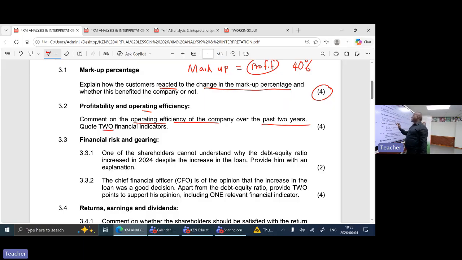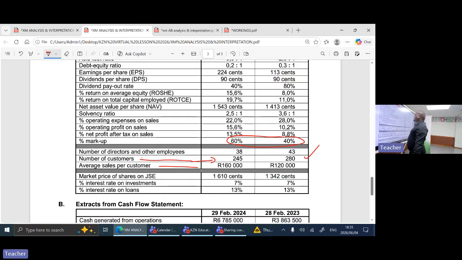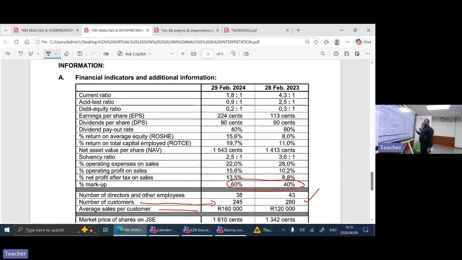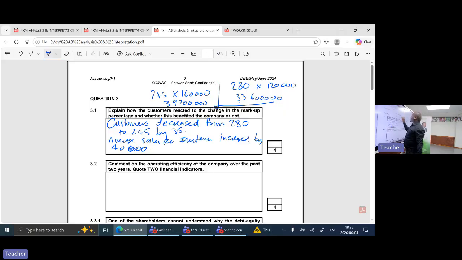Quote 2 financial indicators. So picking up under profitability indicators, or operating efficiency, these are the indicators you can mention. Operating expenses on sales: look here, it's decreased from 28 to 22.